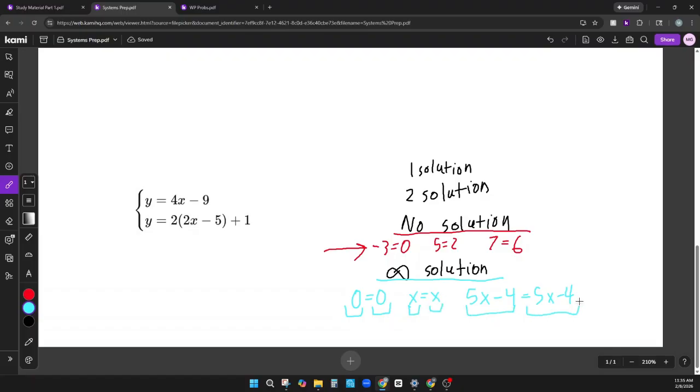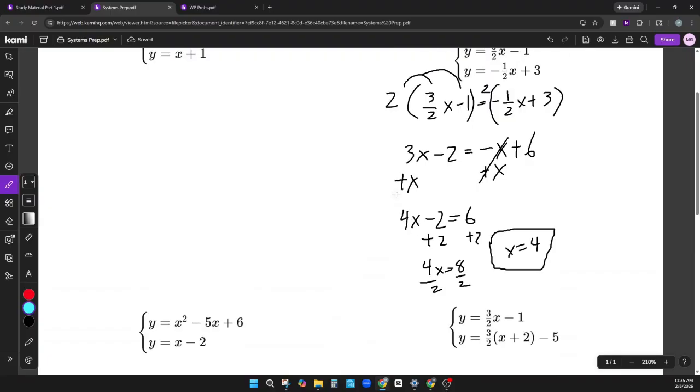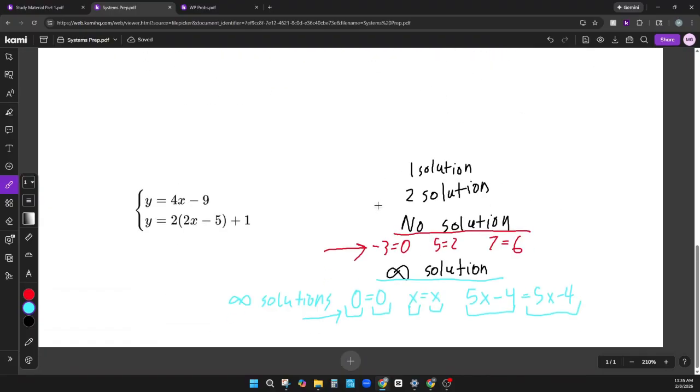And as soon as you recognize that they're not just equal, but you're literally working with the same equation on both sides, you could stop there and just tell me that you have infinite solutions. Okay? So when they're exactly equal, exactly the same, that's when you're going to call them infinite solutions. And when you get to the end and the result does not make sense, that's when you write in that there's no solution.